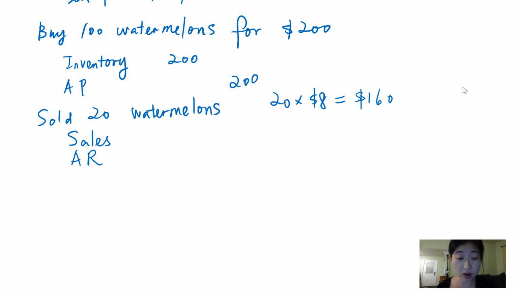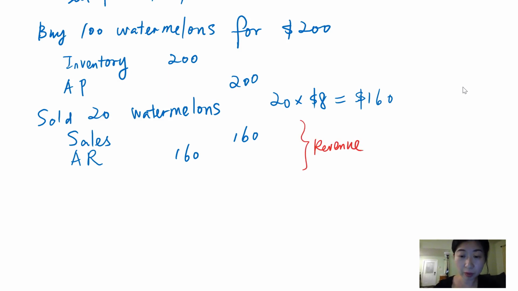It increases on the credit side, so I'm gonna write down 160 on the credit side. And accounts receivable as an asset, it would increase on the debit side, so 160 over here. All right, and so like I said, this journal entry is to record the revenue.